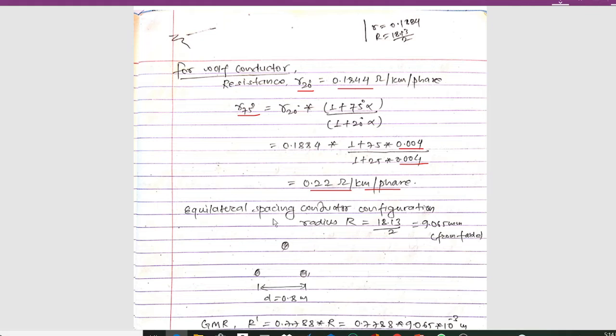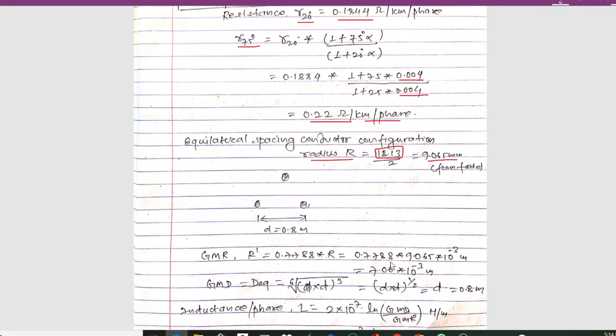We saw in the ACSR conductor table that the diameter is 18.13 mm, so the radius will be 18.13 upon 2, that is 9.065 mm.